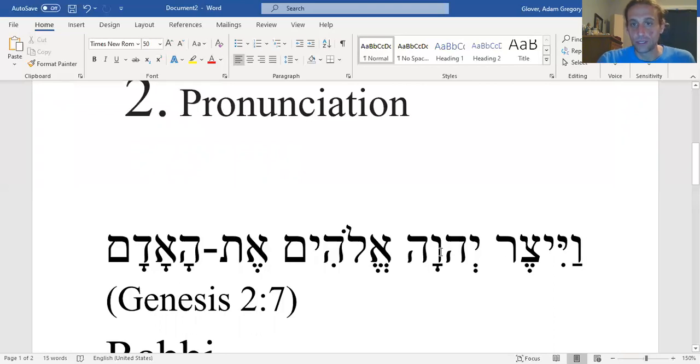And then we come to the Tetragrammaton. And in this case, it's pointed with this initial vowel point, which indicates a schwa sound, which is like an uh sound. And then here we have another vowel point that indicates an ah sound. So we have Yahweh. So we have Va Yeser Yahweh Elohim et ha-Adam.